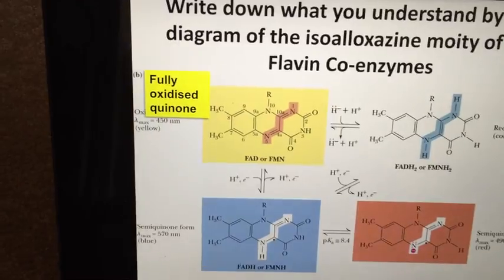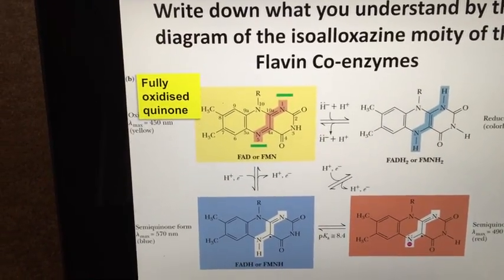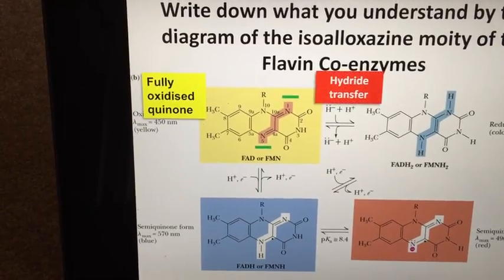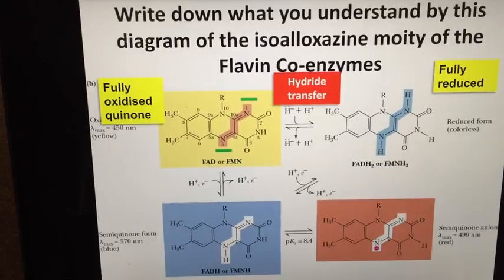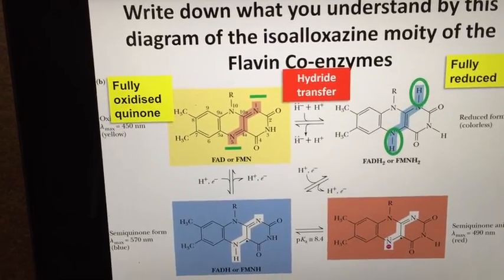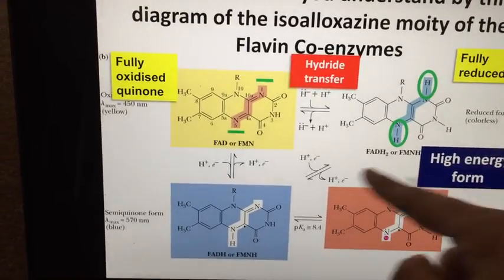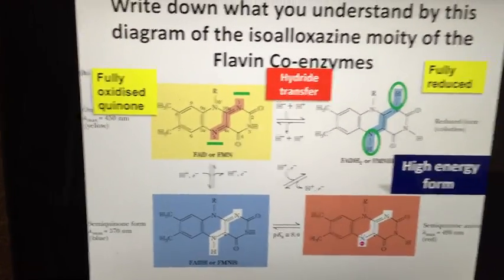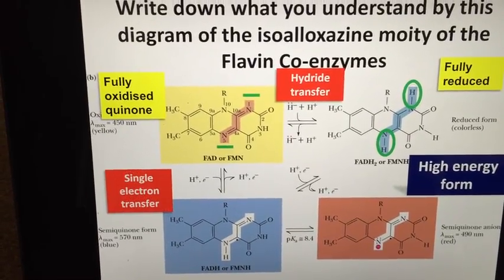This form here is the fully oxidized form, also referred to as a quinone. You can see there are no hydrogens attached there. Hydride transfer leads to the fully reduced form, where we see there are the 2 hydrogens attached. And this, of course, is the high energy form that can then be used to create ATP in the electron transport chain.